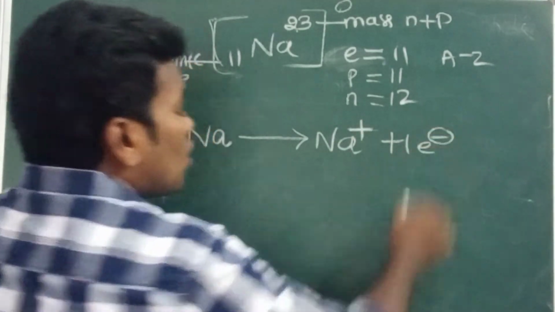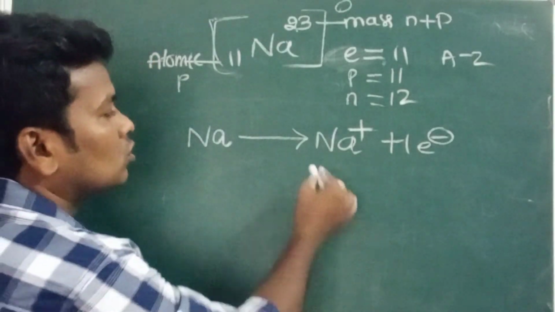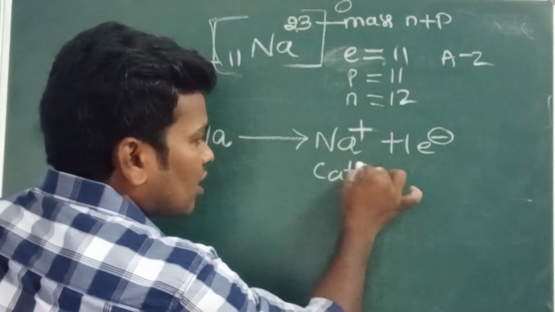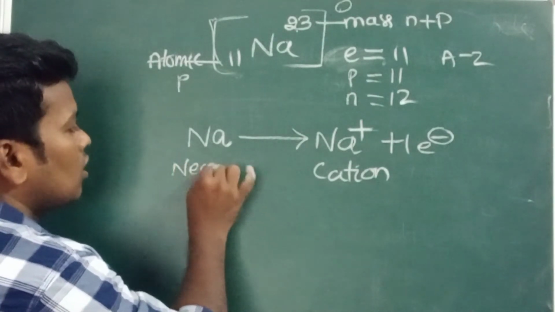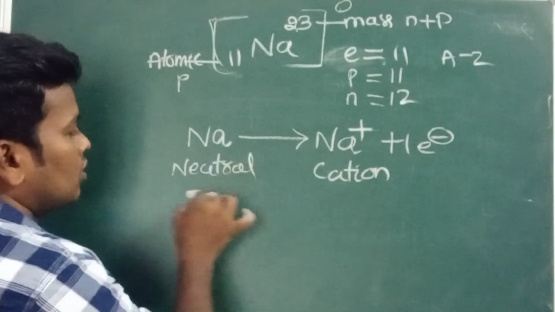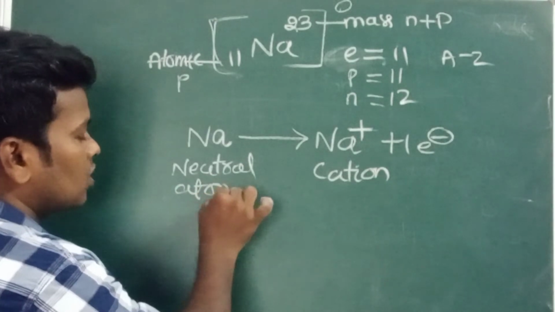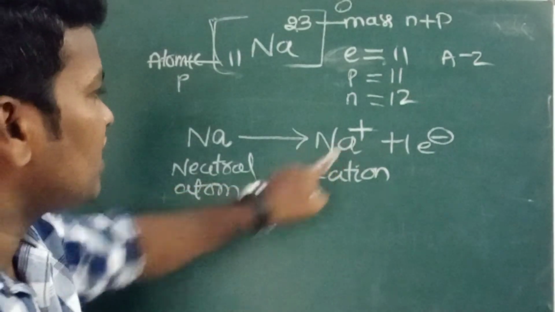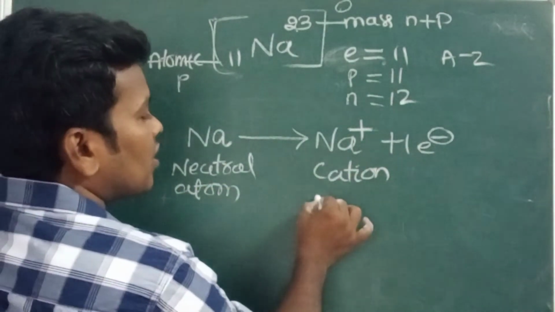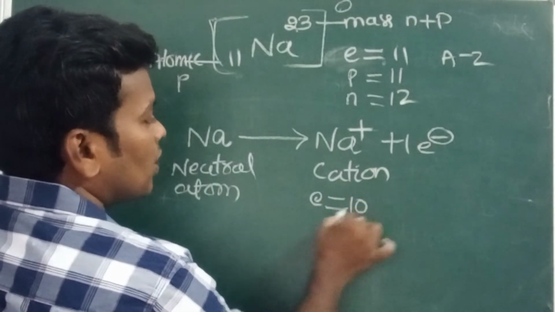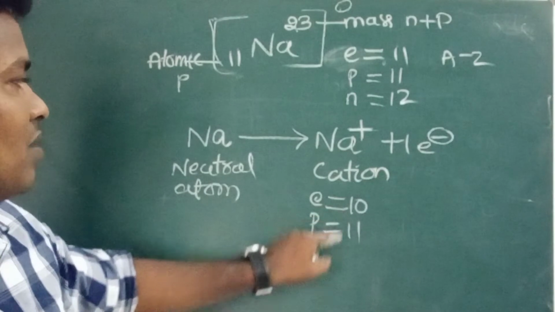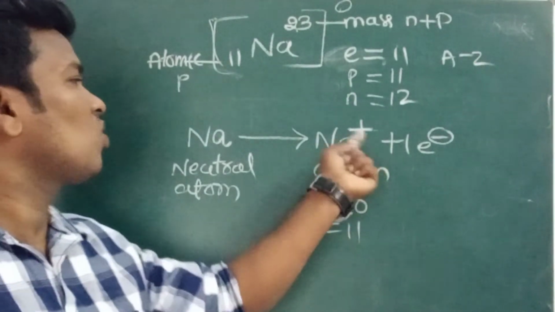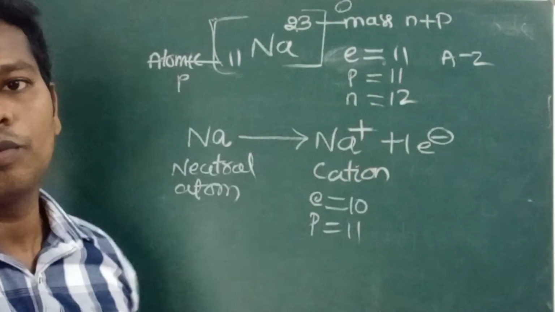So this is called a cation. Here in this case, the electron number is 10, but the proton number is 11. Why? Because it is losing only an electron, it is not losing the proton.